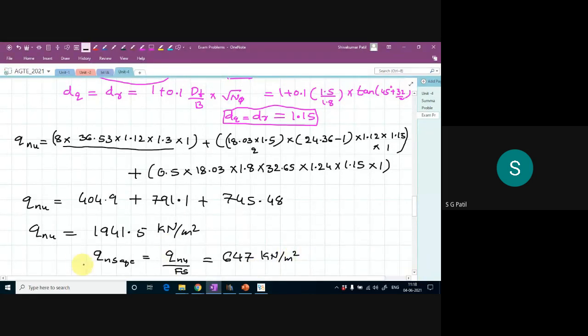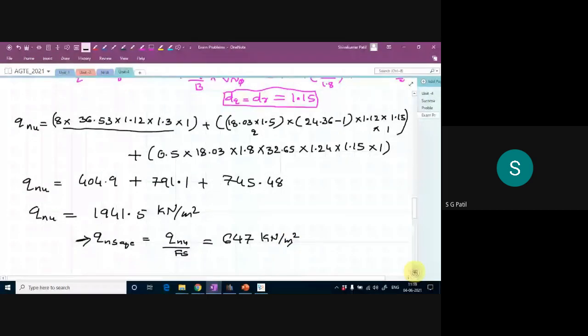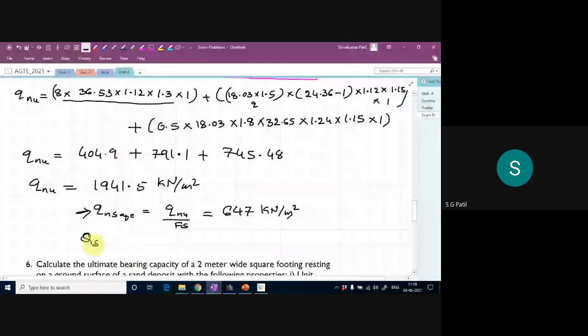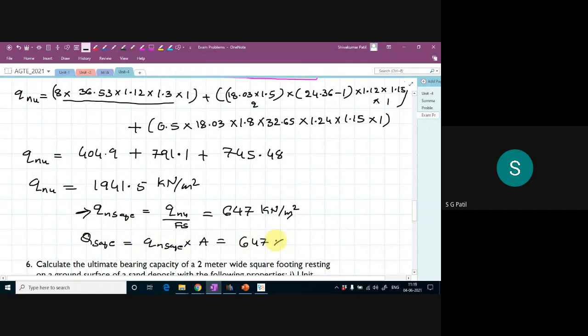But they are asking you to calculate the safe load. This is a safe pressure because it is per meter square. But I need a safe load. They are asking the Q safe. The Q safe is equal to Q net safe into area. So 647 into length into breadth. Breadth is 1.8 meter and length is 3 meter, right?